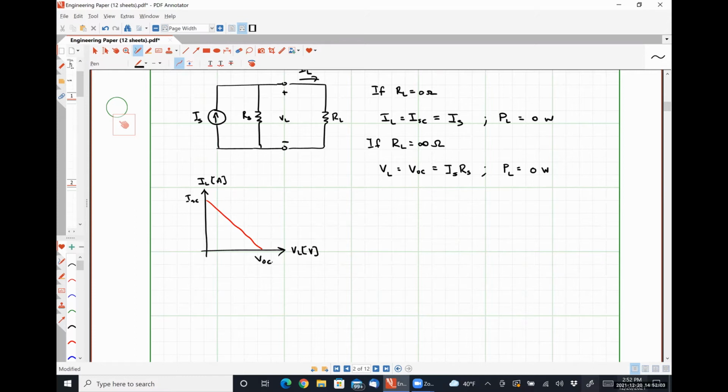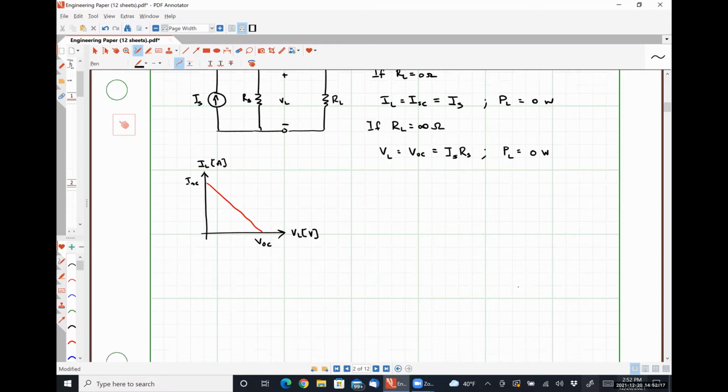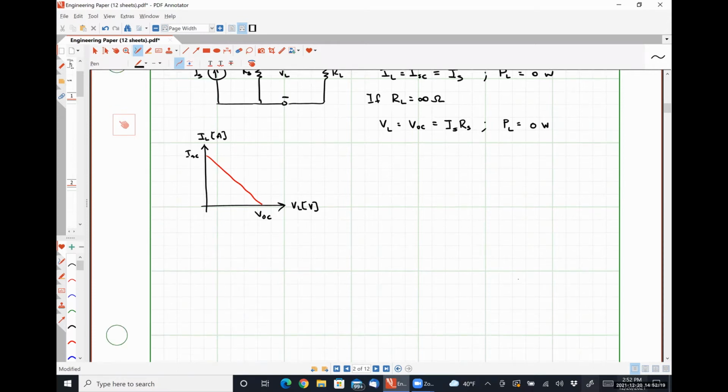So now that we understand that those practical sources behave identically, let's see what makes them electrically equivalent, okay? Let's take our practical voltage source model where we have VS in series with some resistance RS.